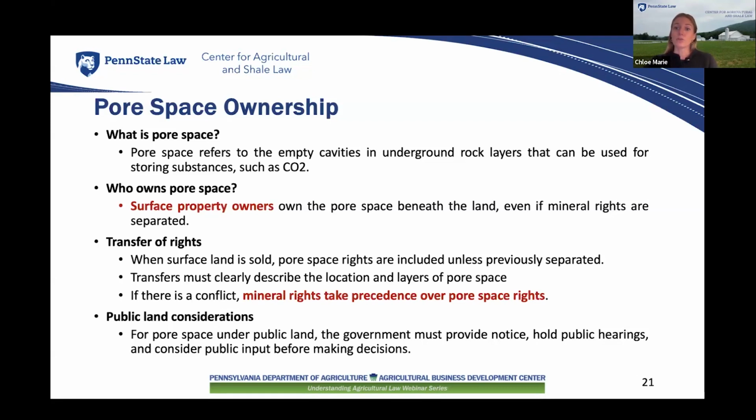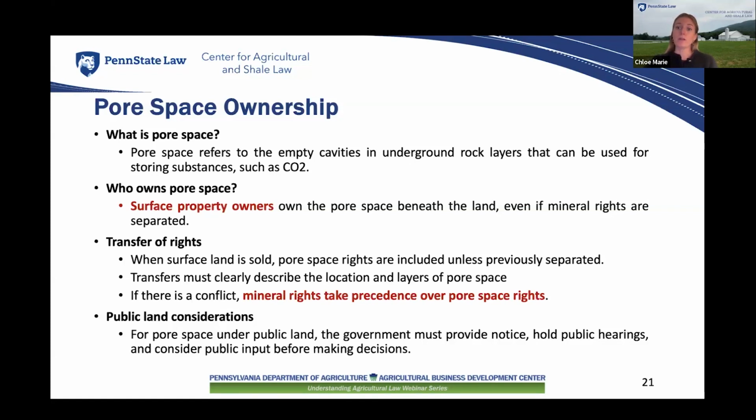Under common law, surface owners own everything from the sky down to the center of the earth. And even if they have separated the mineral rights from the land, they still keep ownership of the pore space, unless stated otherwise. Pennsylvania's approach is no different. Essentially, if you own the land on the surface, you automatically own the pore space under the ground. And this applies to all land and waters within Pennsylvania.